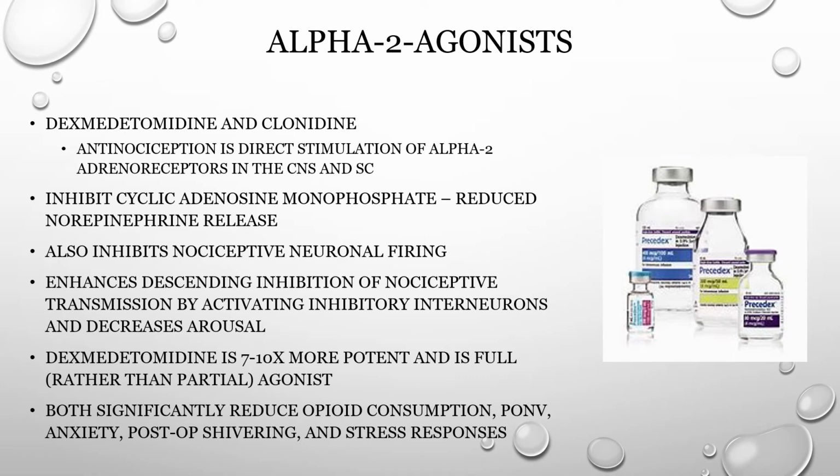Compared to clonidine, dexmedetomidine is a full rather than a partial agonist and highly selective and specific for the alpha-2 receptor. Precedex has a much higher affinity, approximately 8 to 1, than clonidine at the alpha-2 receptor site. Both agents may significantly reduce opioid consumption, postoperative nausea and vomiting, anxiety, postoperative shivering, and stress responses intraoperatively.